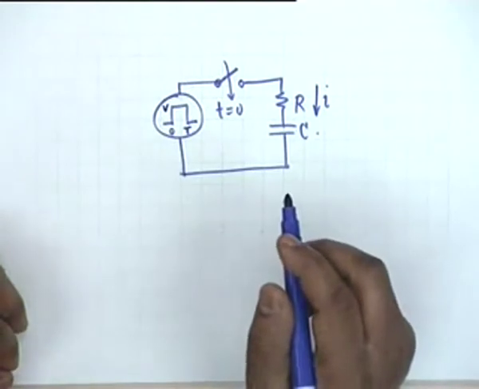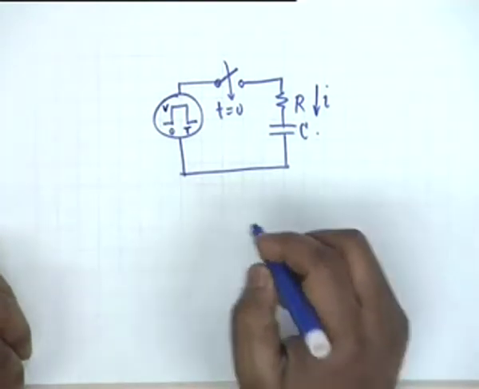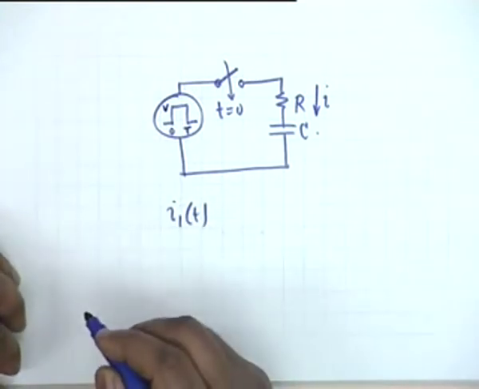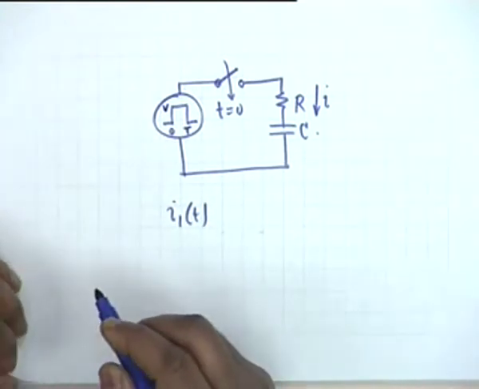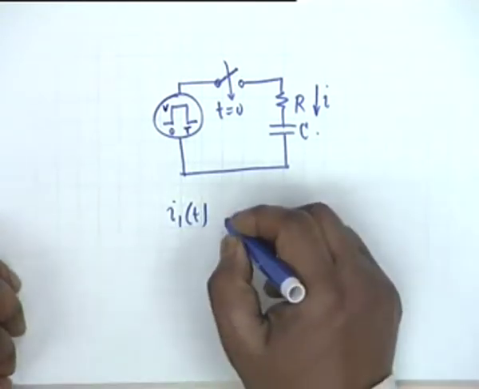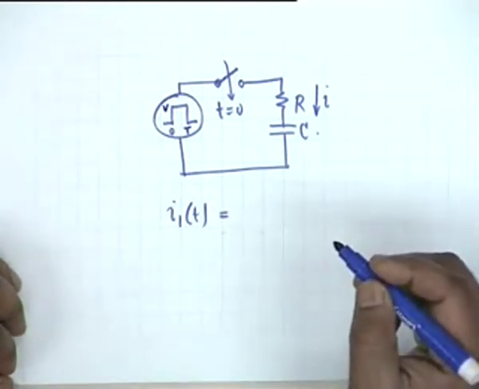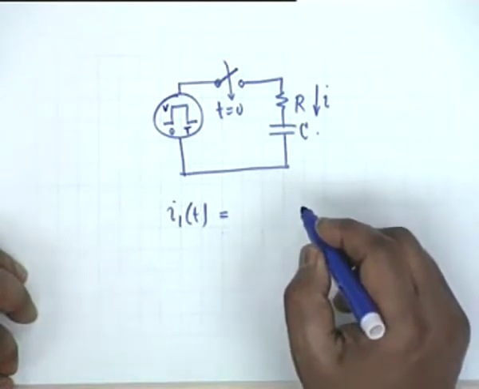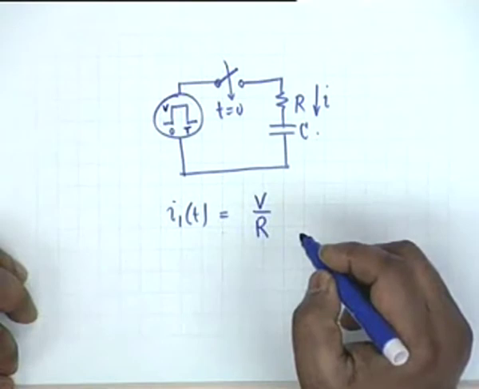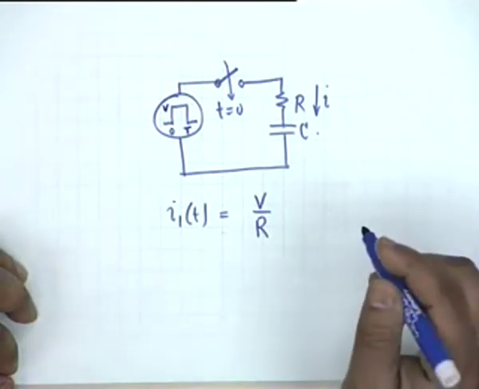So what we do is we first find the current i1(t), we first find the current to a step of magnitude capital V, and you know what this current shall be. We know that this would be V by R, and then what?